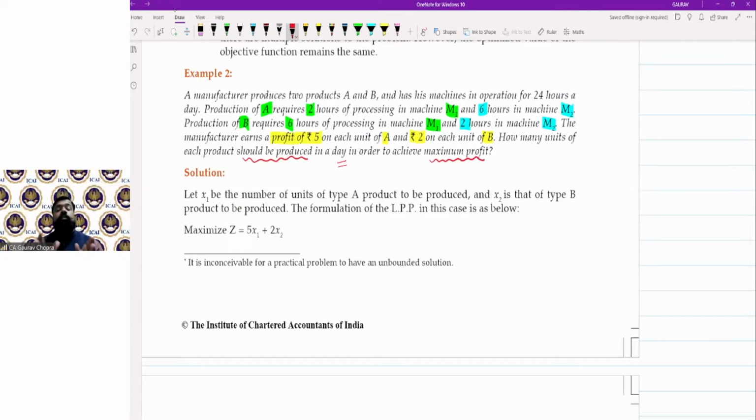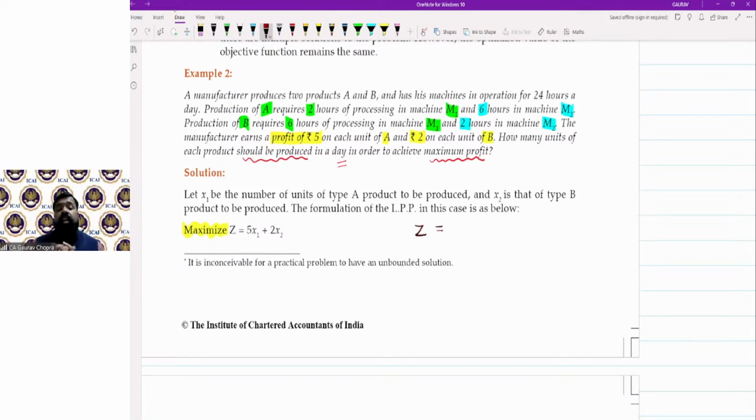So for this maximum profit, the question gives a hint about what our objective function is. It is to maximize the profit. So first of all we have to write our objective: our objective is to maximize. Now this objective function is always denoted by Z.